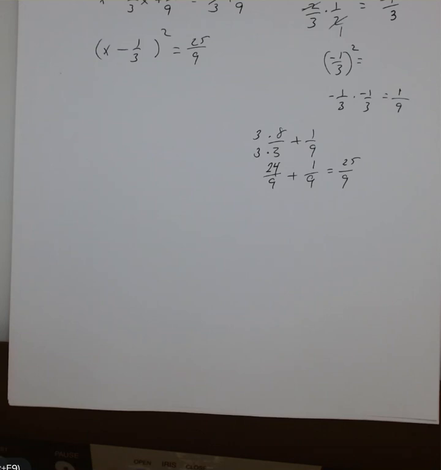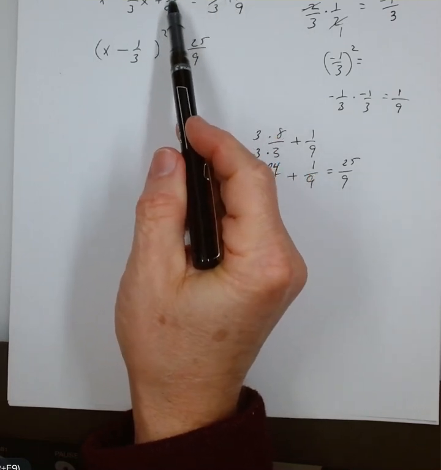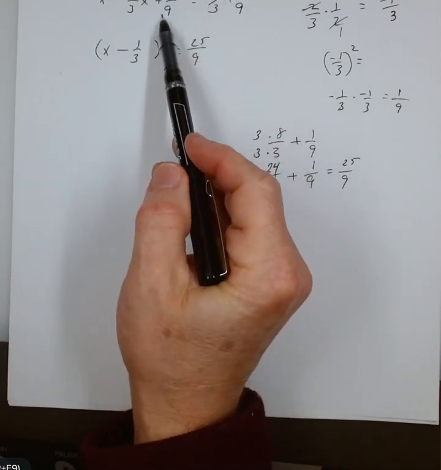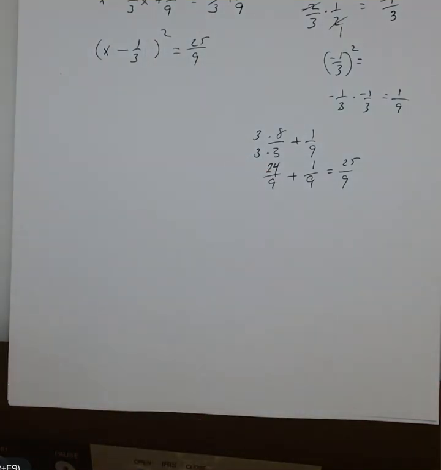What has to be a perfect square is what you add to both sides. So is 1 a perfect square? Yes. Is 9 a perfect square? Yes. Okay, now, what is the next step?